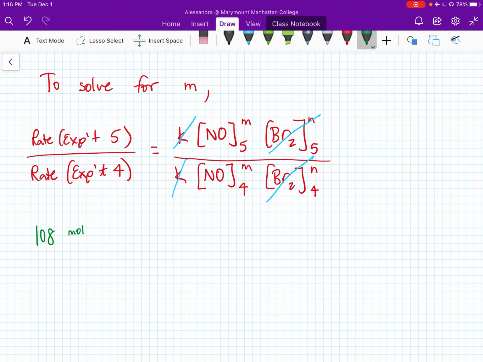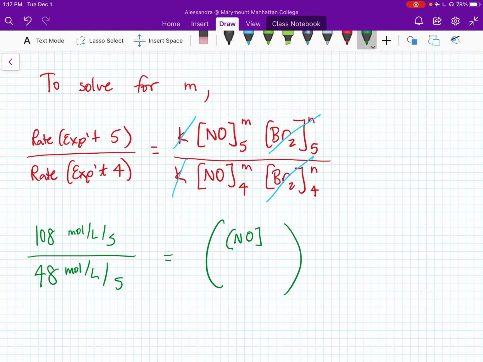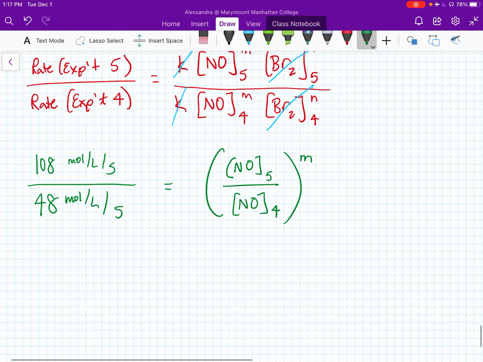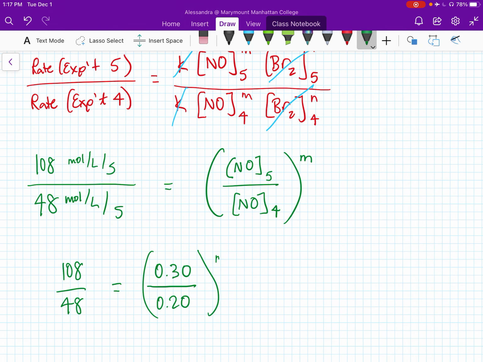108 moles per liter per second divided by 48 moles per liter per second is going to be equal to the concentration of NO for the 5th experiment over the concentration of NO for the 4th experiment raised to the power of m. Now I can plug in my values: 108 divided by 48 is equal to 0.30 molar divided by 0.20 molar, the molar concentrations from my data table, raised to the power of m.